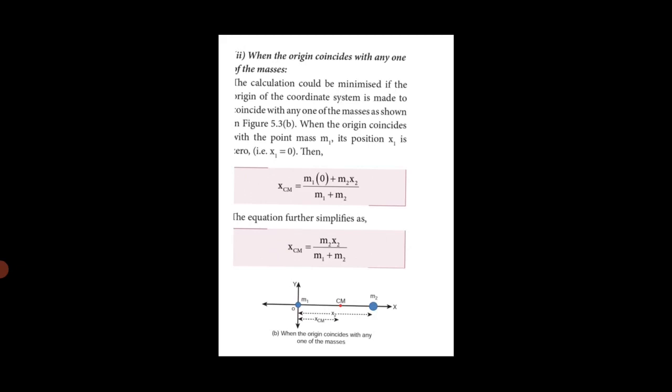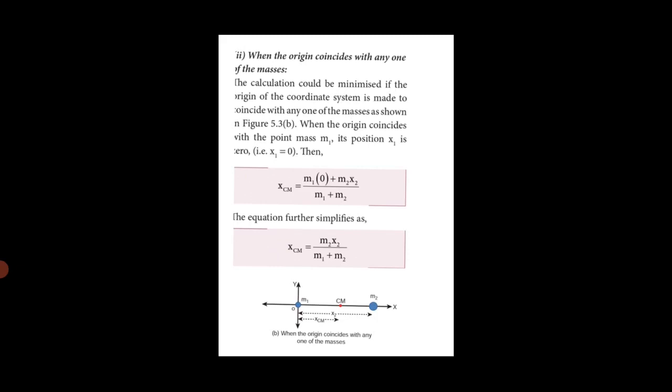So xcm equals m1 times x1, which is 0, plus m2 x2, divided by m1 plus m2. Anything multiplied by 0 becomes 0, so we neglect the m1 term and get xcm equals m2 x2 by m1 plus m2.